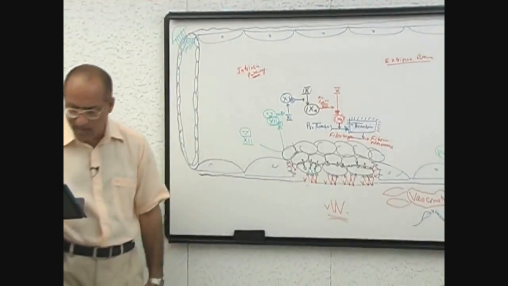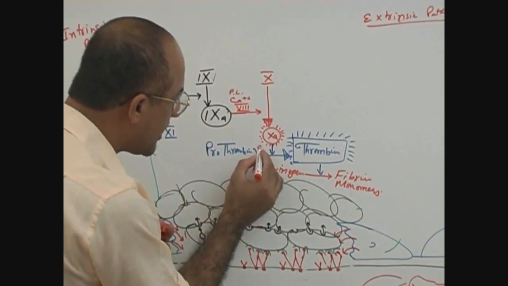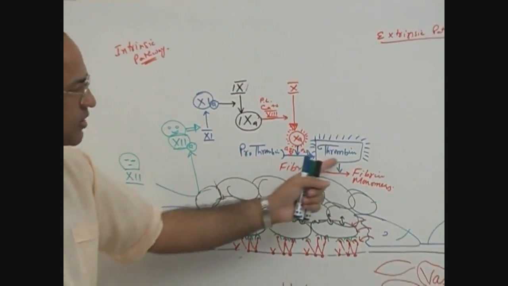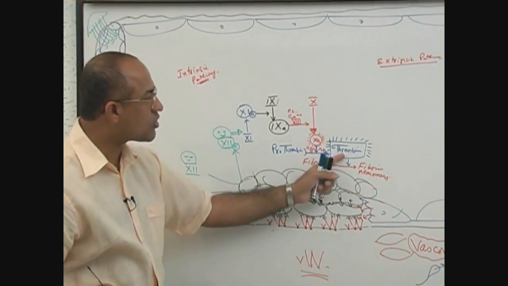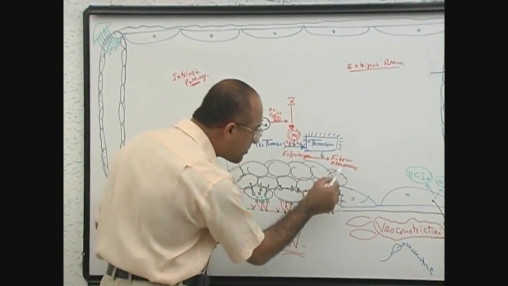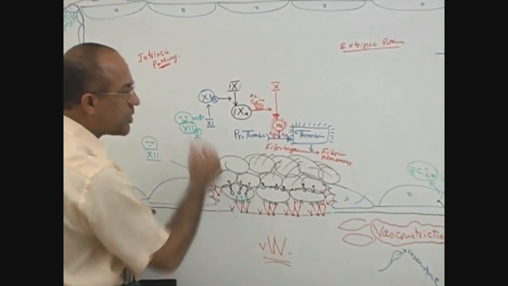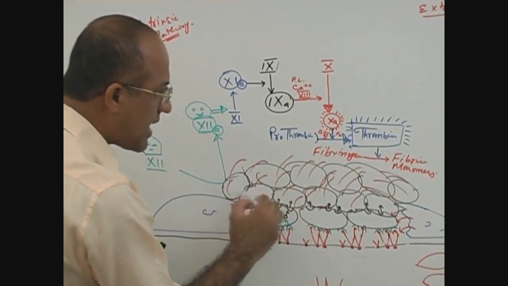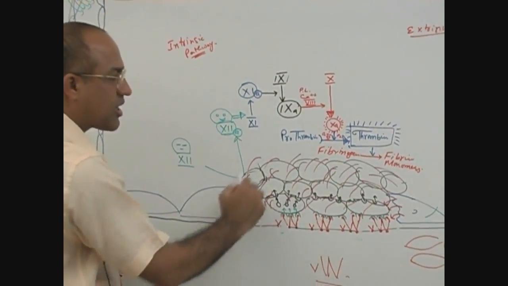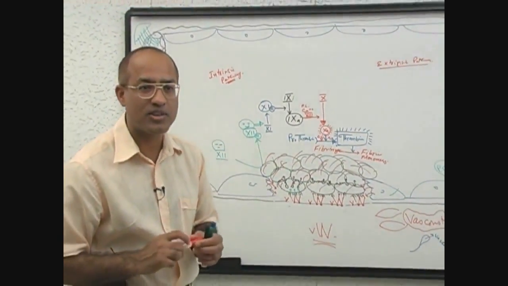Factor number 10, in the presence of calcium, phospholipid and factor number 5, will convert prothrombin into thrombin, and thrombin will break down the fibrinogen to fibrin monomer. These fibrin monomers will deposit here. As this reaction continues again and again, thrombin keeps activating fibrinogen to fibrin monomers, and all this reaction occurs on the surface of platelets, where a lot of fibrin monomers are deposited.